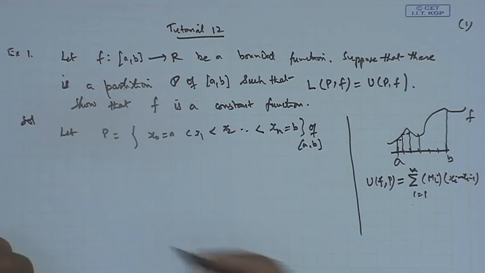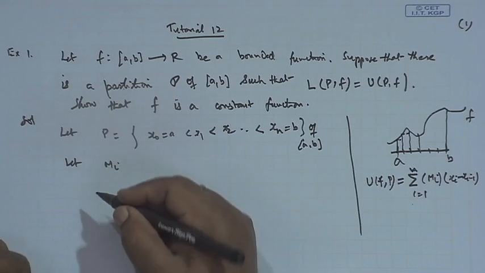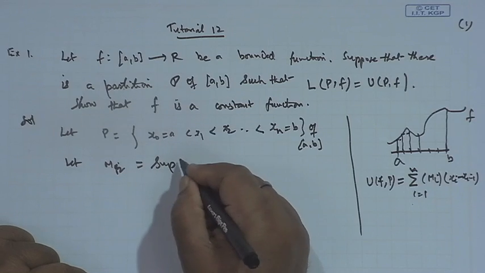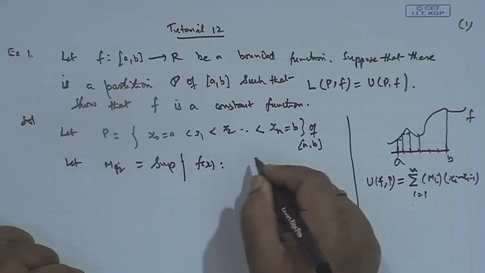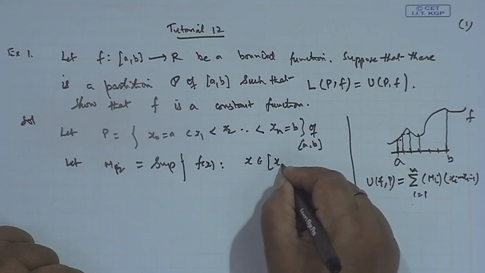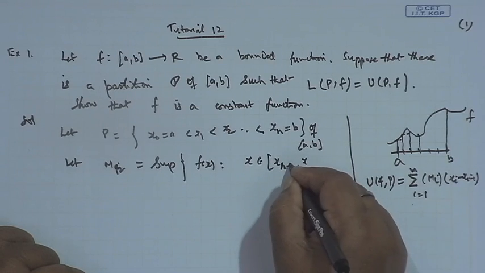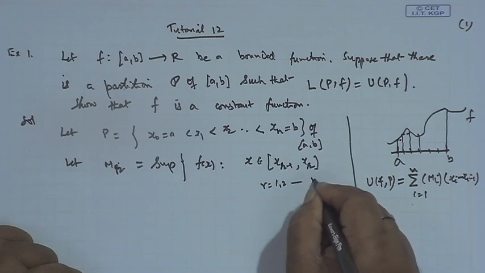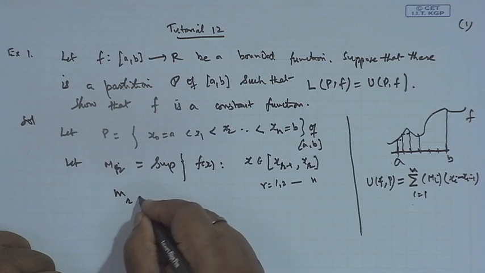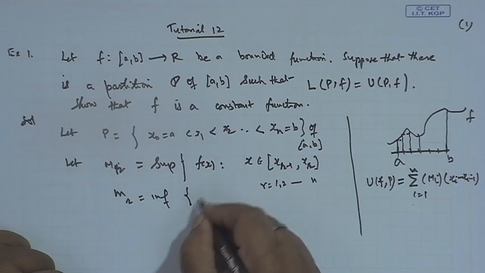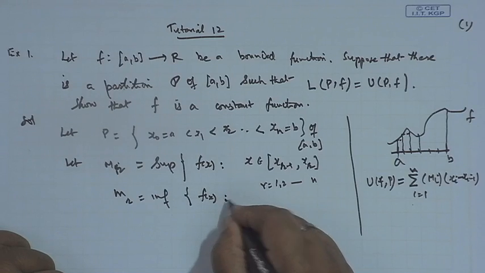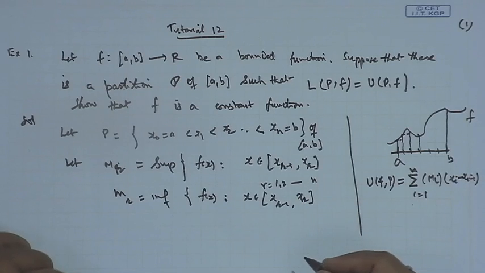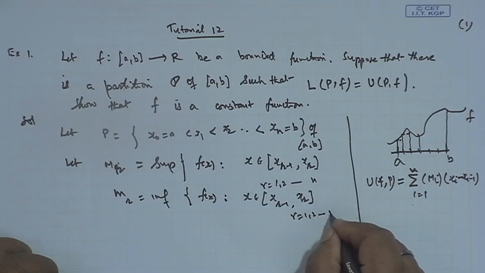Let M_r be the supremum of the function f(x) when x belongs to the interval [x_{r-1}, x_r], when r is 1 to n, and small m_r is the infimum of the value of the function f(x) when x belongs to the interval [x_{r-1}, x_r], the sub intervals, when r is 1 to n.